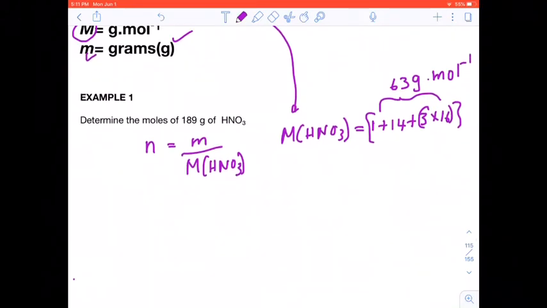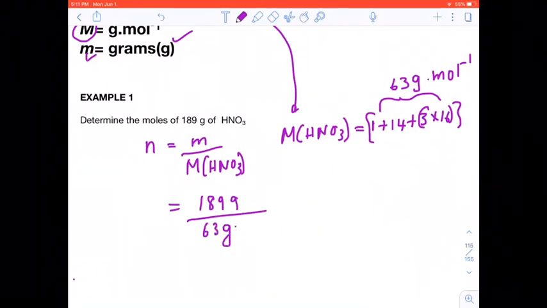Since the unit of molar mass is grams per mole, this is 63 grams per mole of nitric acid. We are given 189 grams upon 63 grams per mole. That cancels out, mole per mole goes up as mole, and that gives us 3 moles.